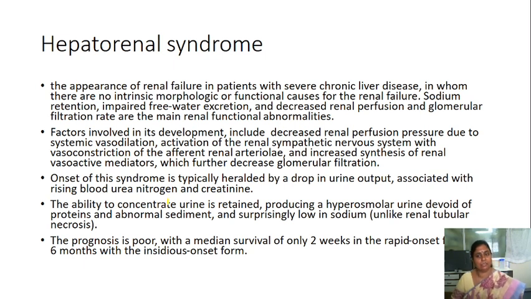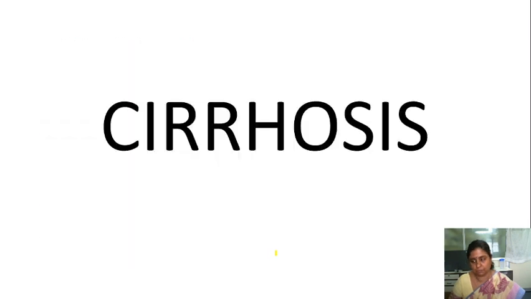That is the reason why we say that there is no intrinsic renal dysfunction, but because enough blood is not coming, the GFR is not normal, and there is a decrease in the renal output. The prognosis in these cases is actually very bad. The survival is only 2 weeks from the onset of the decrease in the renal output. Now that was acute hepatic failure.